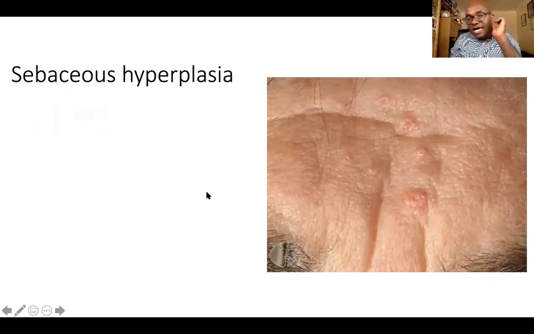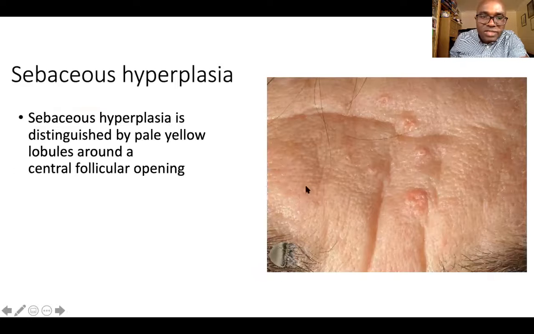Sebaceous hyperplasia is another commonly referred lesion to secondary care. These are multiple small lesions on the surface, usually on the face, and most are less than a centimeter.